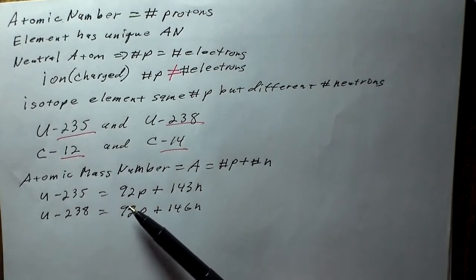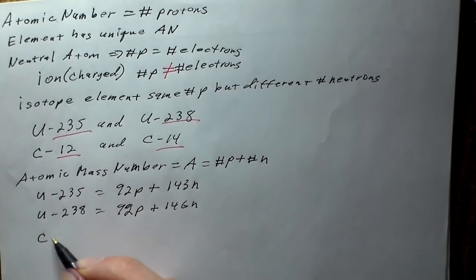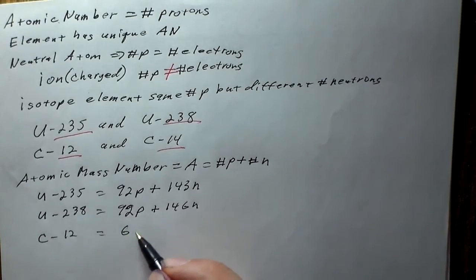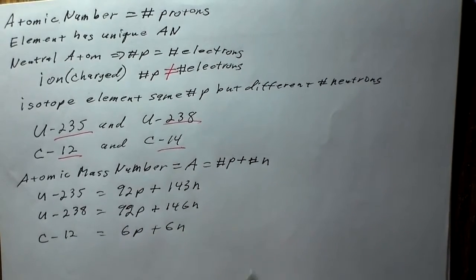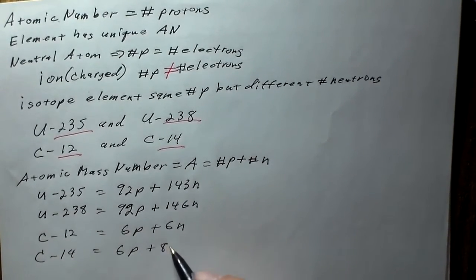And you can see very easily, 92 plus 143 is 235, 92 plus 146 is 238. And similarly down here, my carbon-12 is going to have 6 protons plus 6 neutrons. 6 plus 6 is 12. And here my carbon-14 is going to be 6 protons, because it's still carbon, plus 8 neutrons.